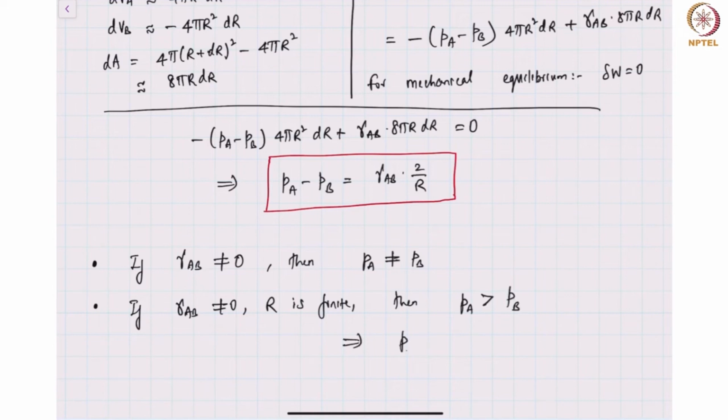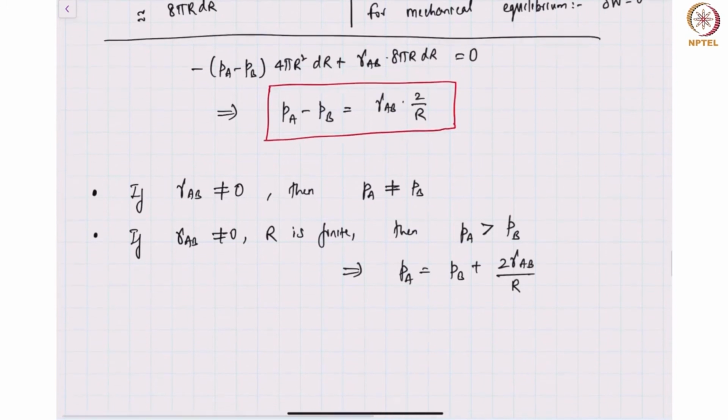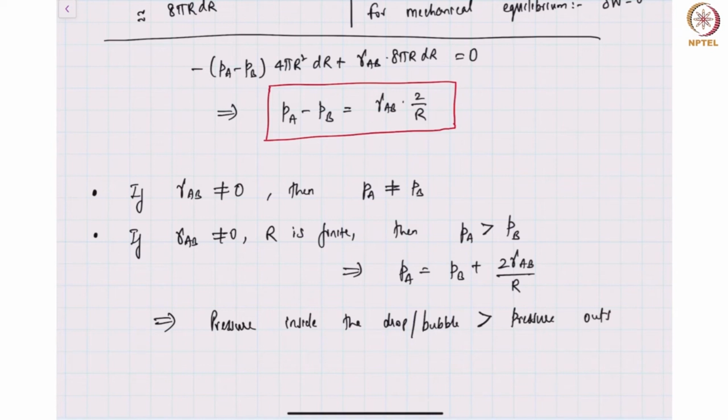And more specifically, I can write PA is PB plus 2 gamma AB by R. So this can also be written verbally as the pressure inside the drop or bubble is greater than pressure outside.